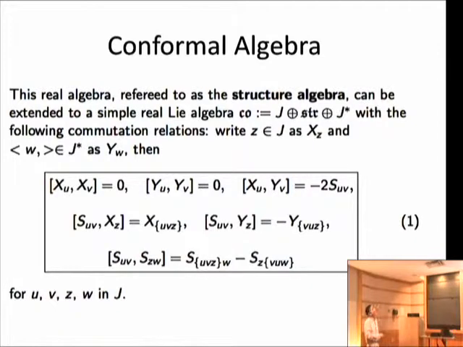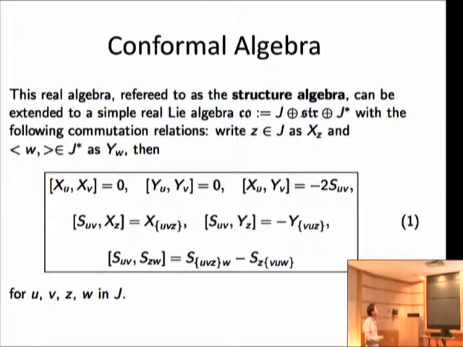By the way, this all has a geometric meaning, because this simple real Jordan algebra has to do with the symmetric domain of tube type. In the simplest one, you take the real numbers as the Jordan algebra, the symmetric domain is the upper half plane, which is conformally equivalent to the Poincare disk. The conformal algebra in this case comes from the biholomorphic automorphism group of the upper half plane; you take its Lie algebra and get this conformal algebra.